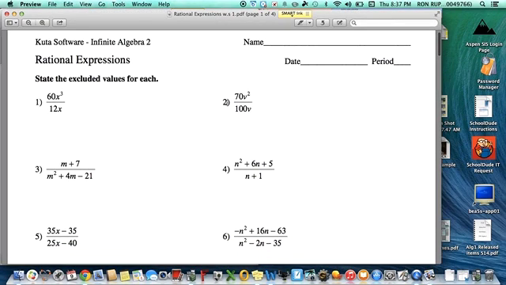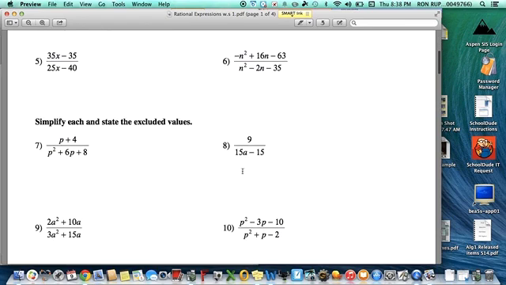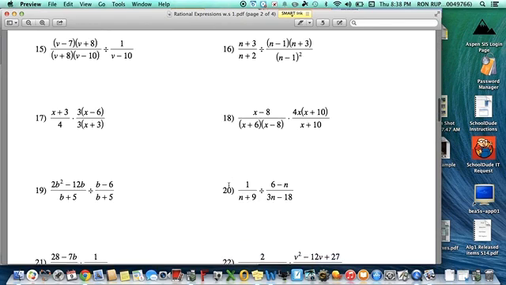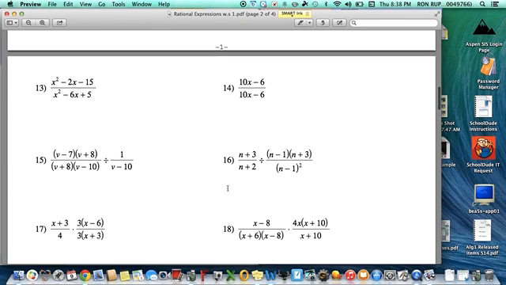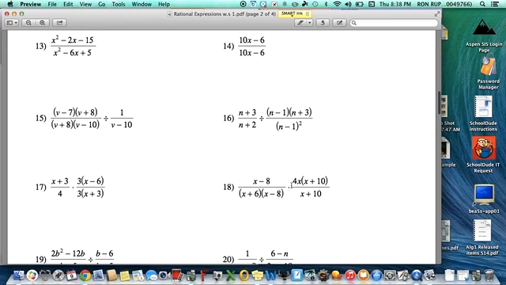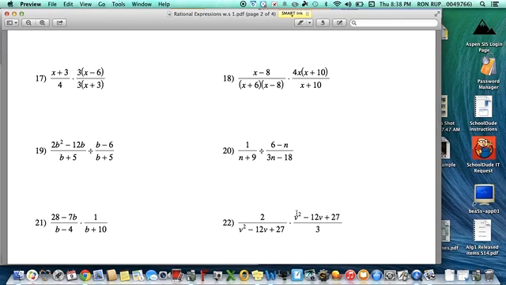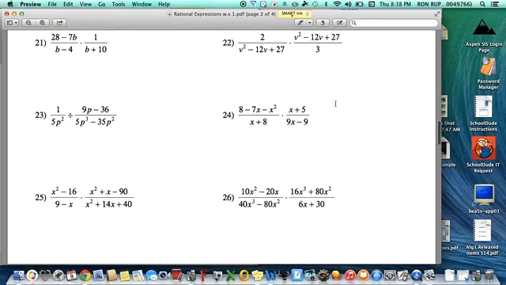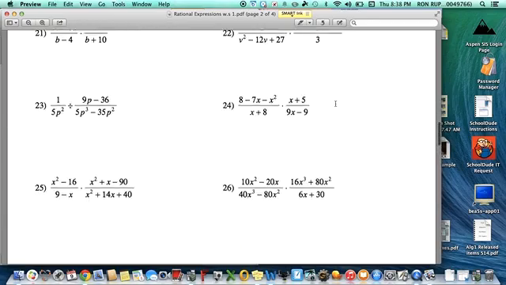It's just simplifying, factor and simplify, factor and simplify. And then you can see down here, I throw in some division and some multiplication. Don't overwhelm yourself. Most of the time, the most simple answer is the right answer. If you have any questions, feel free to shoot me a message.